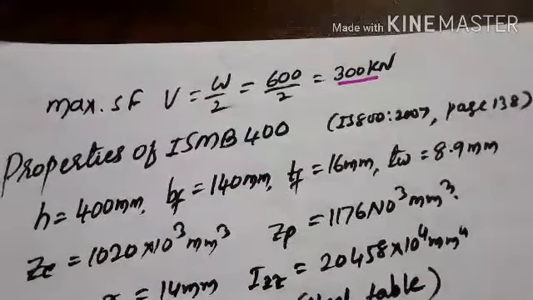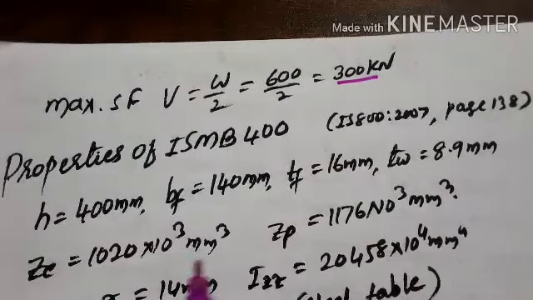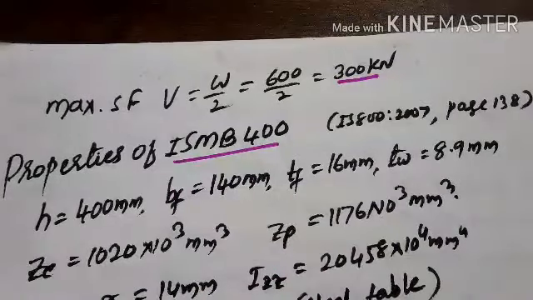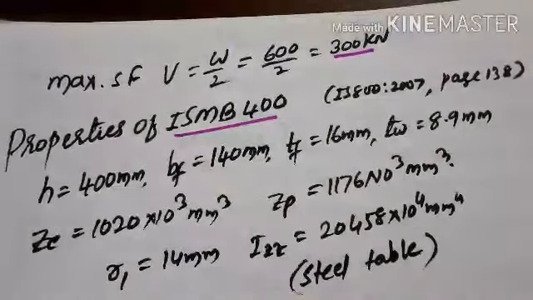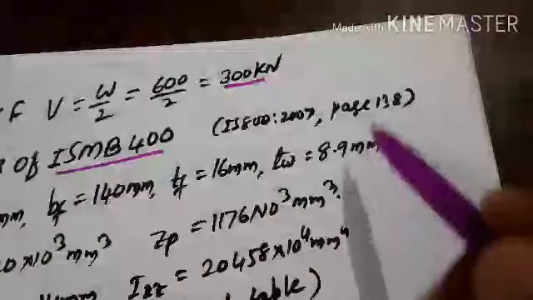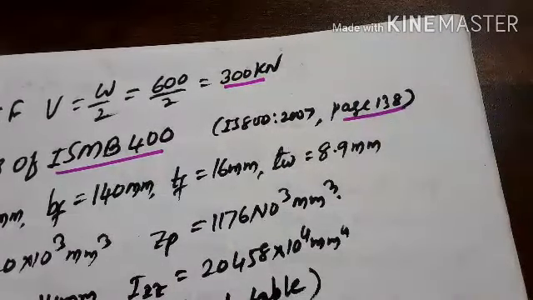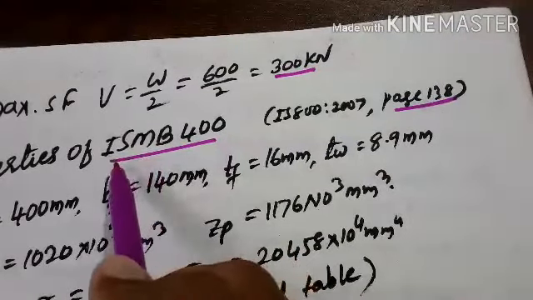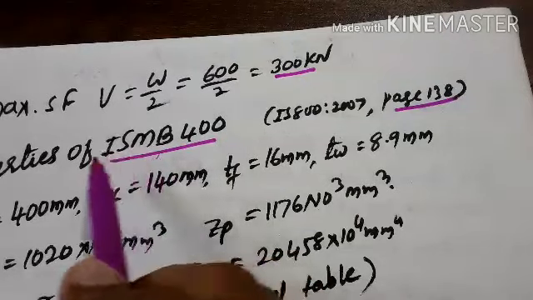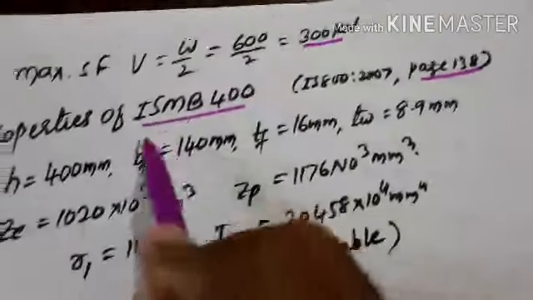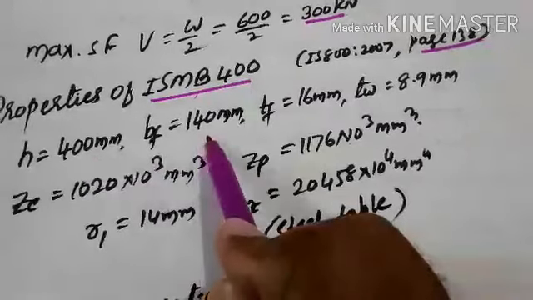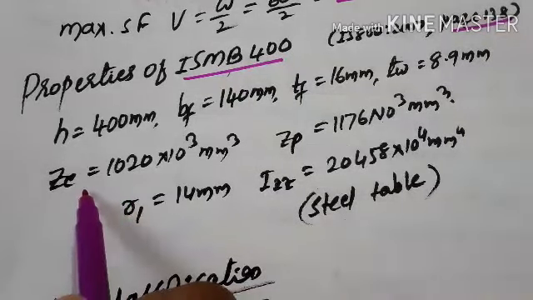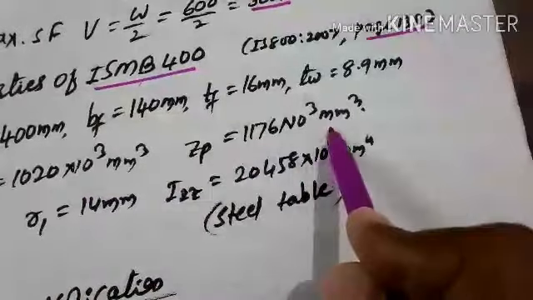Then after calculating maximum bending moment and shear force, let us take the properties of ISMB 400. You have to refer to the steel table, or you have to refer to IS 800 2007 page number 138, where you will get the properties of this ISMB 400. Since it is mentioned in the problem, you have to take this section. So take the properties of this section, that is the depth of the section, width of the flange, thickness of the flange, thickness of web, and also the elastic section modulus and the plastic section modulus.